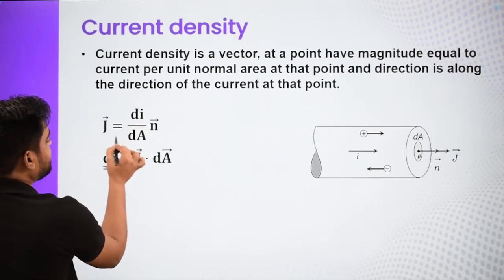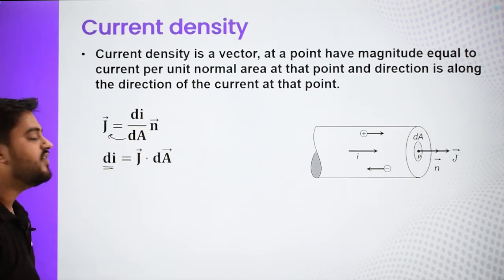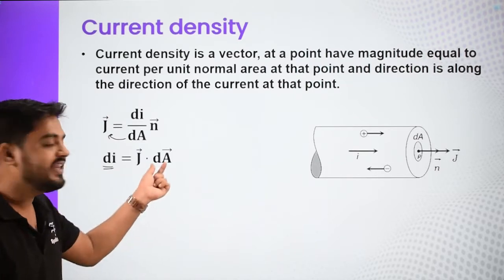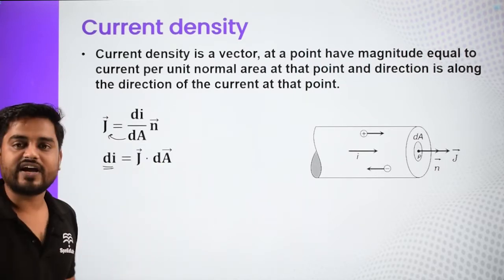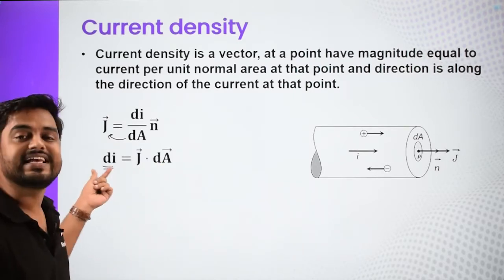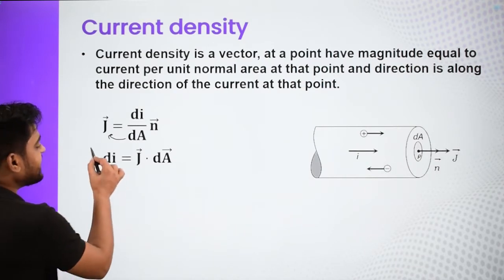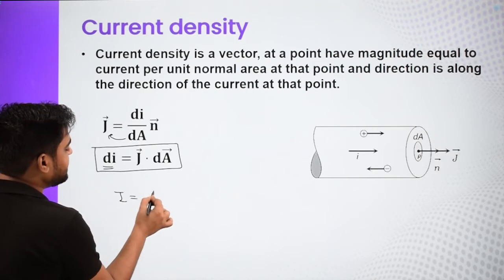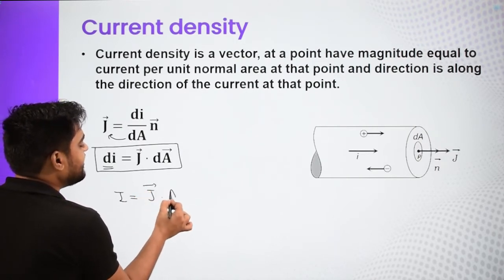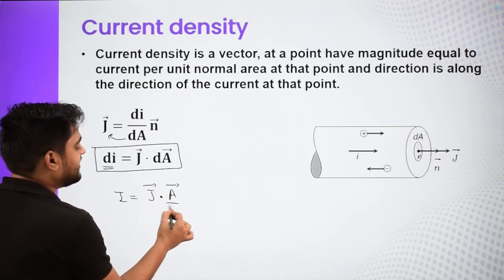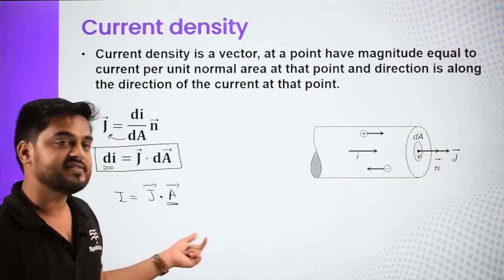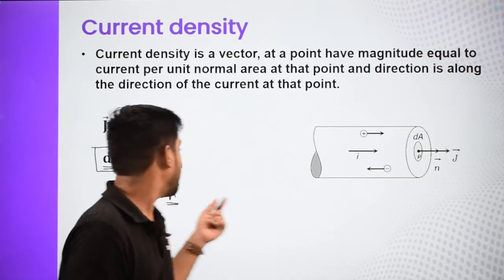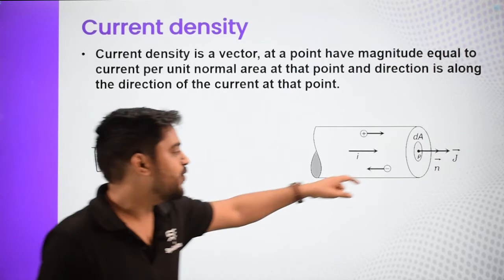So if you want to write current, then we can also say that the small current is nothing but J·dA, and here we have a dot product as area is a vector quantity, J is a vector quantity, and the current is a scalar quantity. If you want to get total current, then total current is J dot the entire area vector, and this area vector has the magnitude of the entire cross section, while dA has the magnitude of only this much.